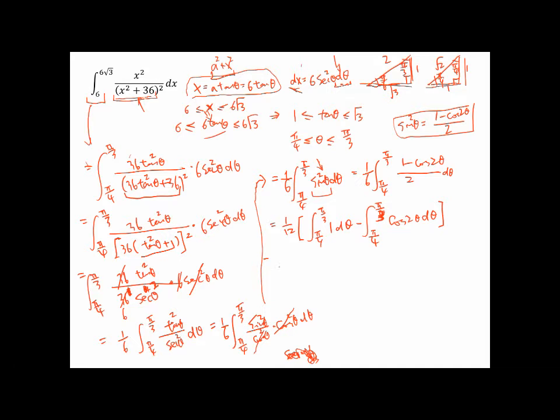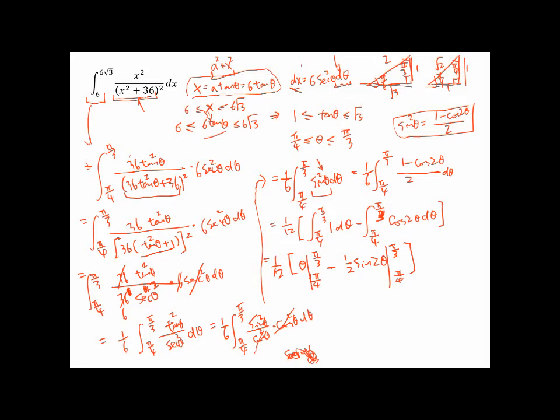So I surely can solve it. 1 over 12, theta from pi over 4 to pi over 3, that's my limit, minus 1/2 sine 2 theta from pi over 4 to pi over 3.